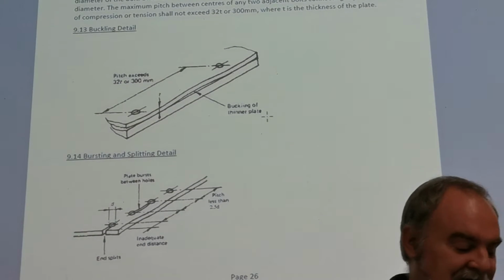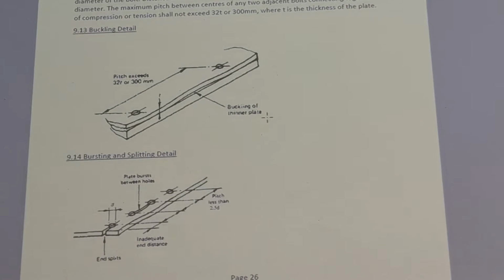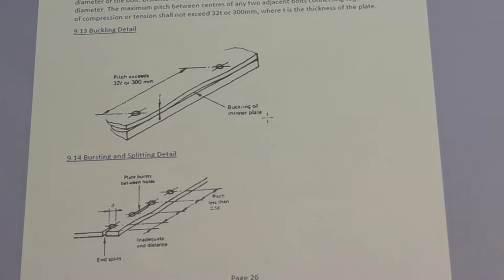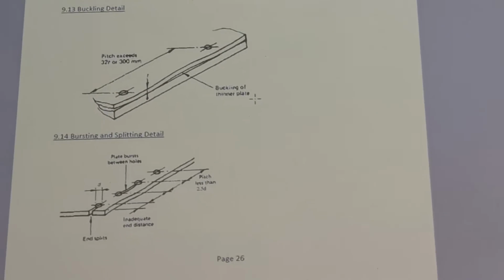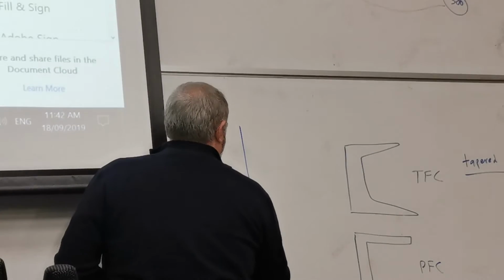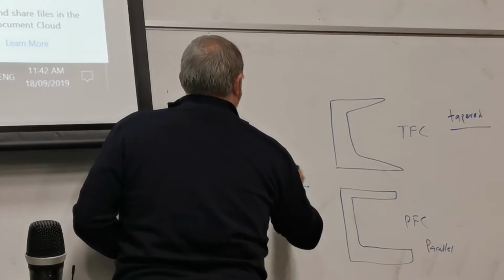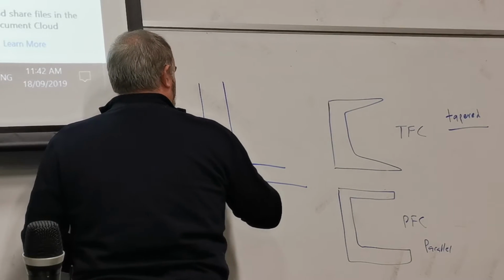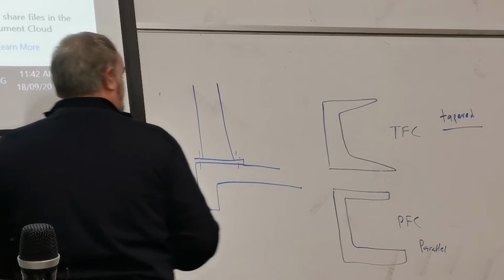Now, just to recap, you have a column coming down here like this onto a plate which sits on the concrete like that. And you need to put 2 bolts, 4 altogether, through the plate.